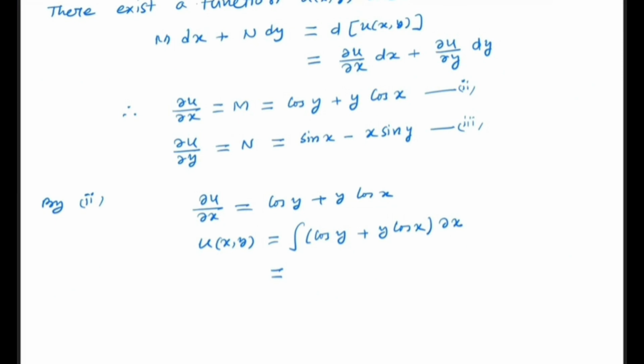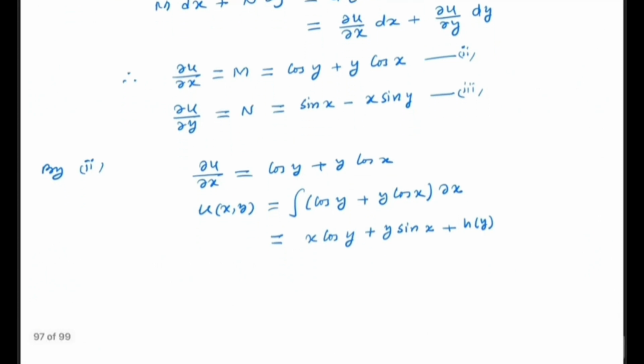Cos y is constant, so the integration will be x cos y. And y is fixed, so the integration of cos x is sin x, so y sin x. And since it's an integration with respect to x, we must have a constant in terms of a function of y. So we add a function of y, h(y). So this is our u.